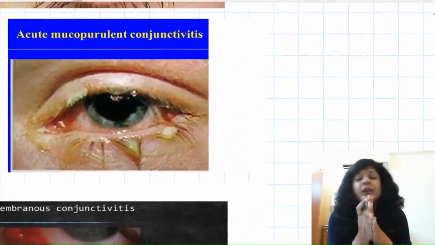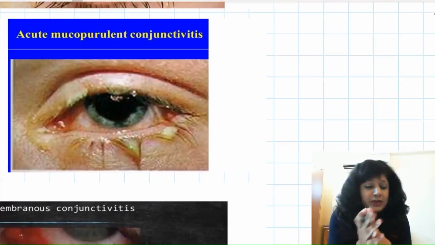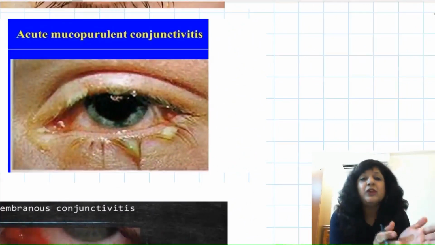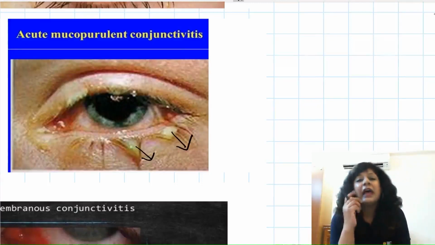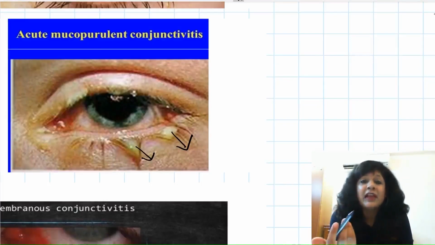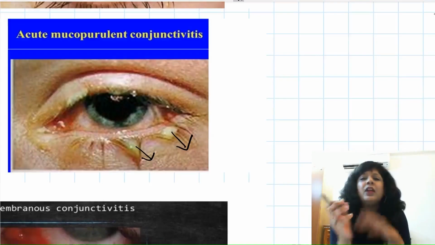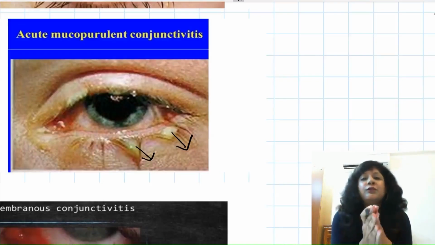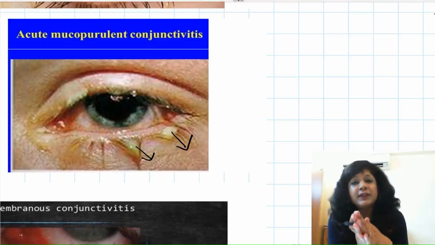Now look here, you must have got these images in the PDF I had forwarded to you, so you can relate to them. In acute mucopurulent conjunctivitis we have a yellowish pus discharge, and a very typical history the patient will give is sticking of the eyelashes, matting of the eyelids, and the patient is not able to open the eyes when waking up in the morning. This is very, very typical of acute mucopurulent conjunctivitis caused by Staph aureus.